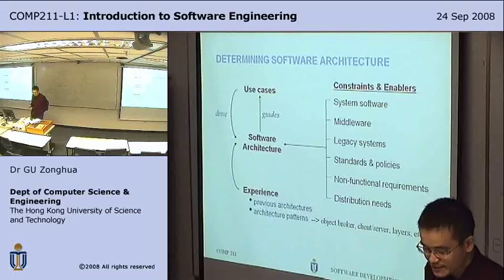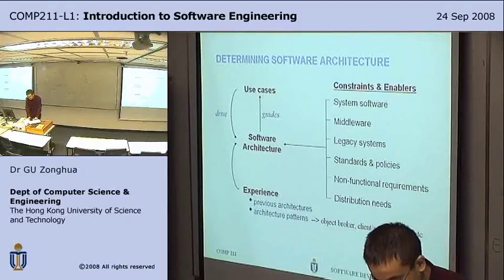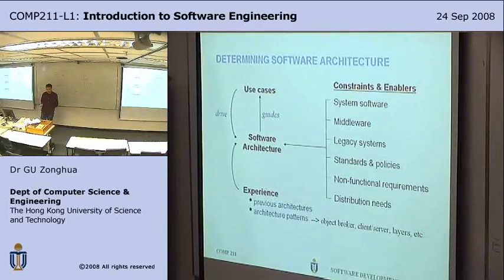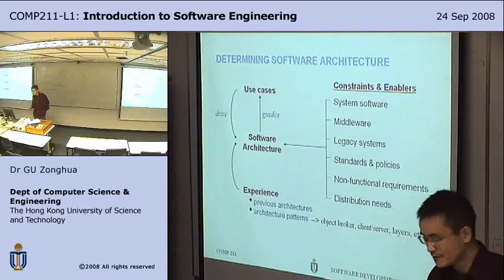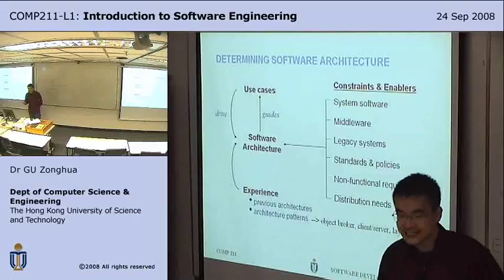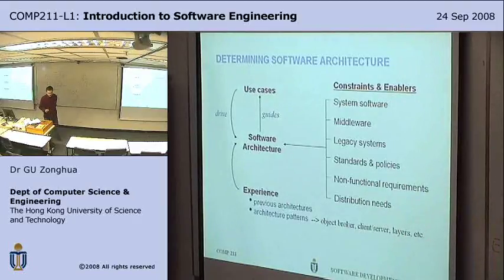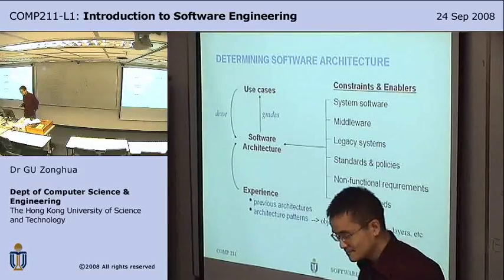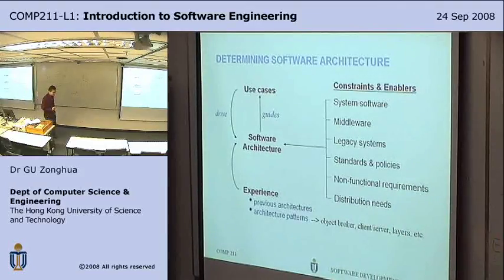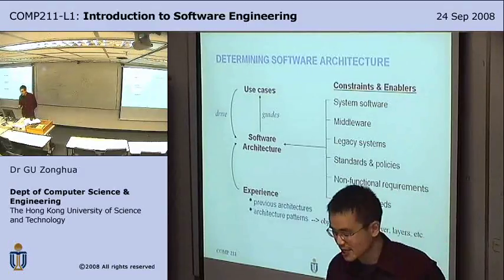Experience plays an important role in designing the software architecture. So from previous architectures developed for similar projects, and architectural patterns. So this is so-called design patterns. If you have heard of it, it is essentially a set of patterns summarized from many years of practice to be a good practice for designing architectures.